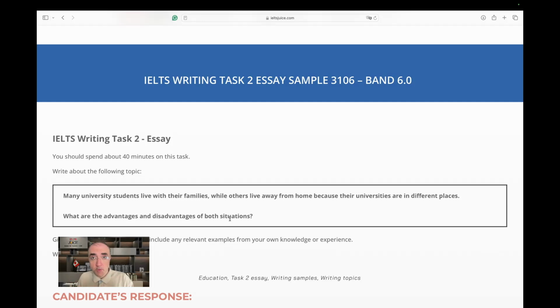Scenario number two, you feel you're adventurous, so you want to explore, you want to find new friends, you want to see different cultures, so you decide to study somewhere else. Or maybe the quality of education is much higher, so you decide to study at a university away from home. Now that is something challenging. There are both advantages and disadvantages for both scenarios.